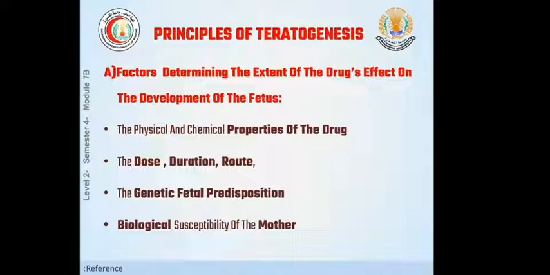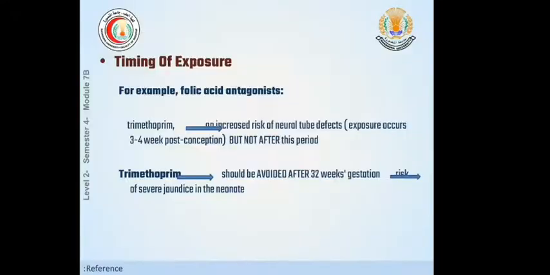Number 4 is the biological susceptibility of the mother. Also, the timing of the exposure to the drug can determine the occurrence and severity or the nature of any adverse effect on the fetus.